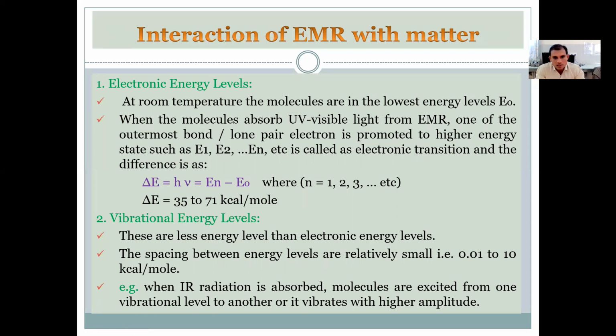The spacing between energy levels is relatively small, that is 0.01 to 10 kilocalorie per mole. For example, when IR radiation is absorbed, the molecules are excited from one vibrational level to another, or it vibrates with higher amplitudes.